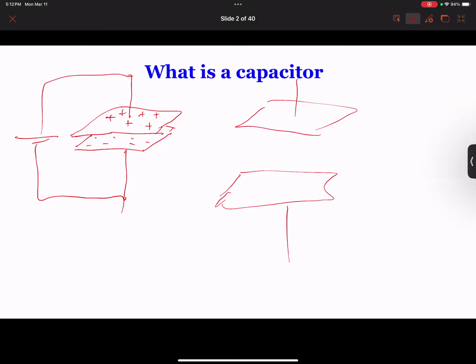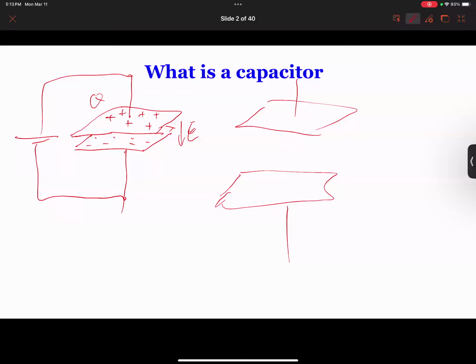With these positive and negative plates, it forms an electrical field, E. The particles on each surface are called a charge, Q. The more Q you have, the stronger the electrical field.